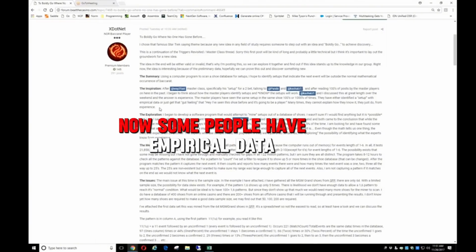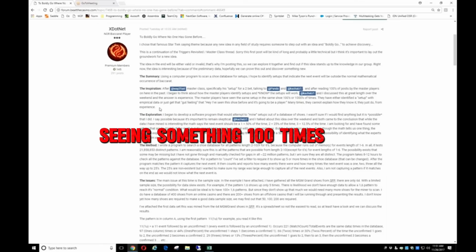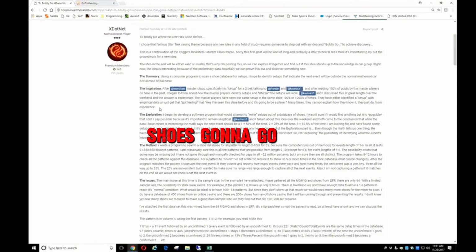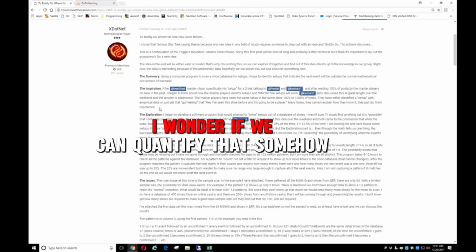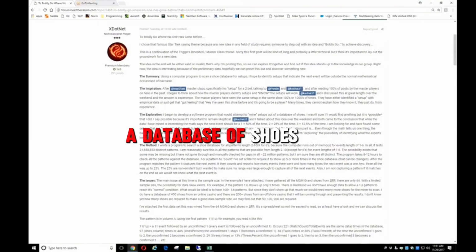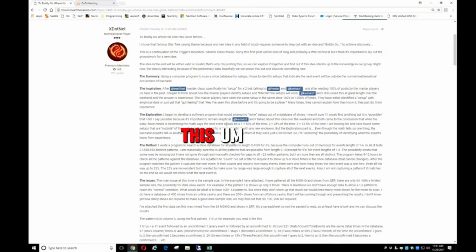Some people have empirical data, but a lot of players just get that gut feeling from seeing something 100 times or 1,000 times, and they just know where the shoe's going to go. I was just thinking, I wonder if we can quantify that somehow by digging the data out of a database of shoes. So that's where I started with this.